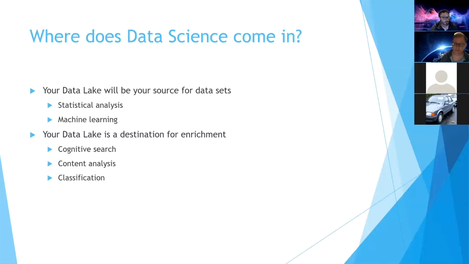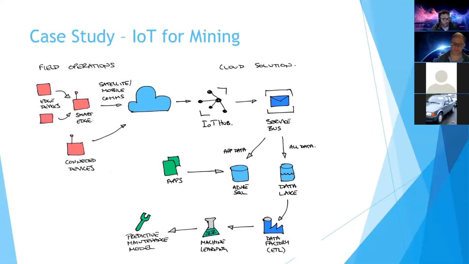And right, so what I'm going to do now is finally just talk through a solution that we've worked on, and this is an IoT solution for a mining client. So this mining company, what we have in the top left, which is the red blobs, is their IoT devices.